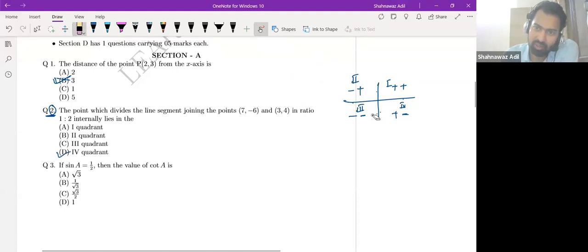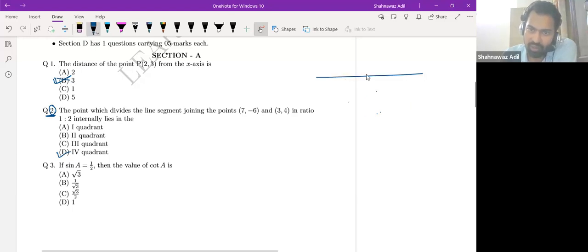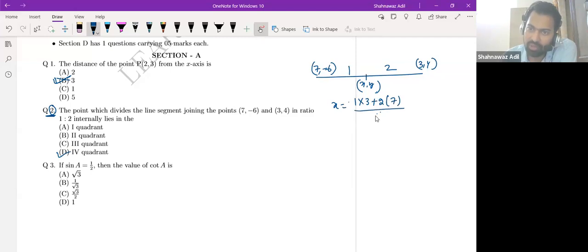And you guys already know that the ratio was 1 and 2, and the points would be, let's say, 7, minus 6 and 3, 4. So x would be mx2 plus nx1, so 1 into 3 plus 2 into 7, divided by 1 plus 2, which is 3.